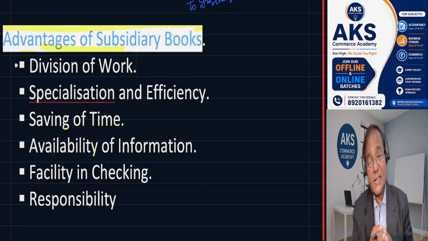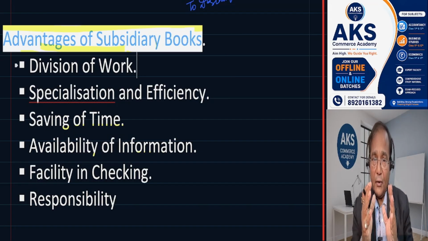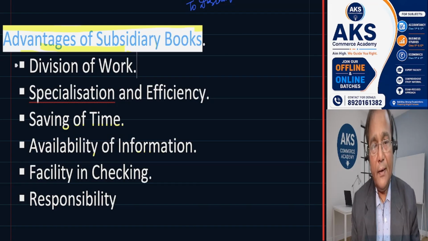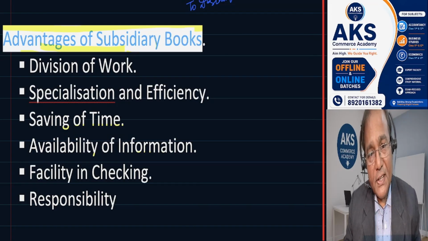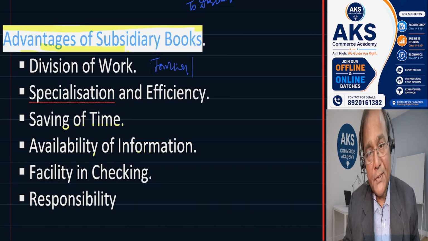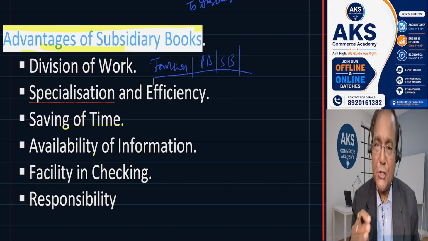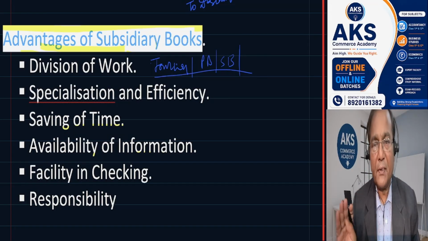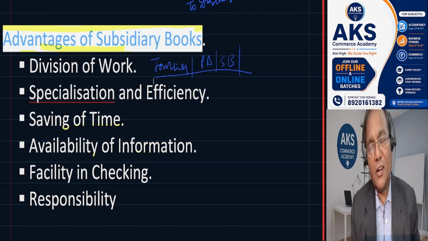But when the scale went up and became unlimited, specialized skill sets were required. So there was one person to maintain the journal, another to maintain the purchase book, and the sales book separately. There will be specialized people to maintain each nature of transaction in their respective book. That is division of work.